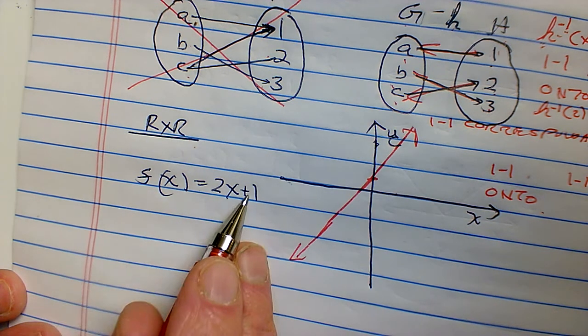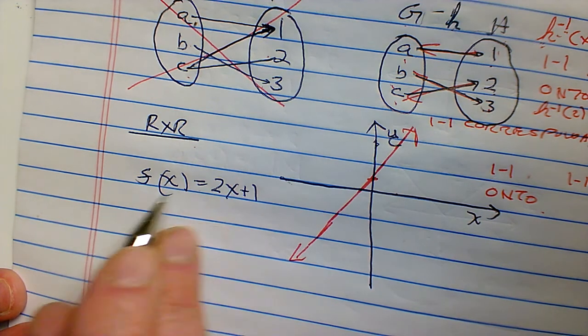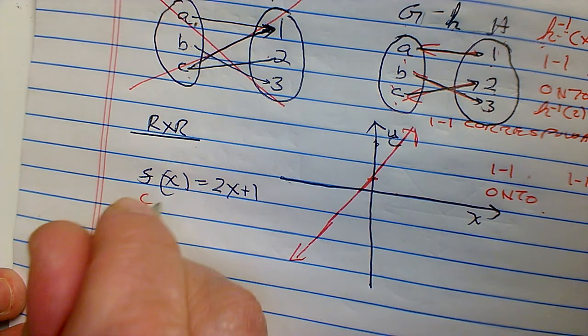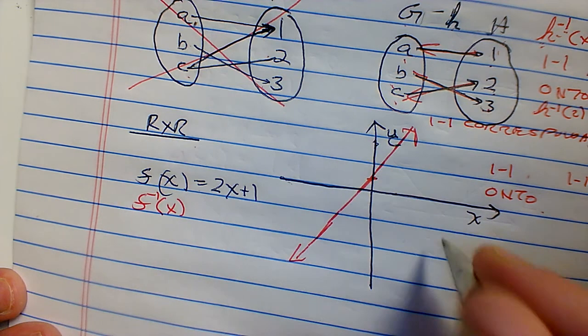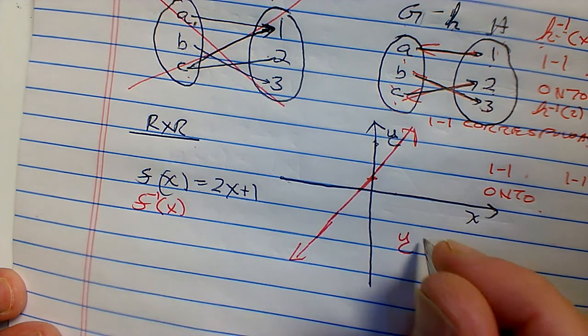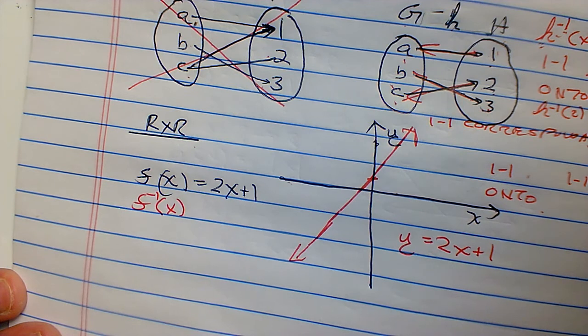What's the inverse function of this? Here's a way you can think of it. If this is the function, how do we come up with the inverse? If you think of this graphically, this says y is equal to 2x plus 1.